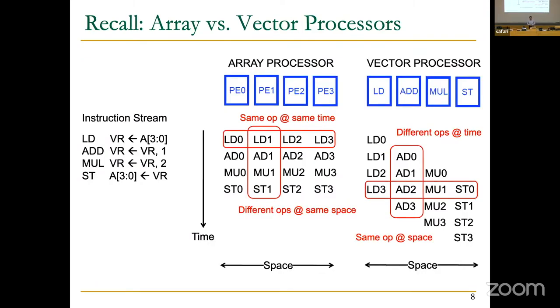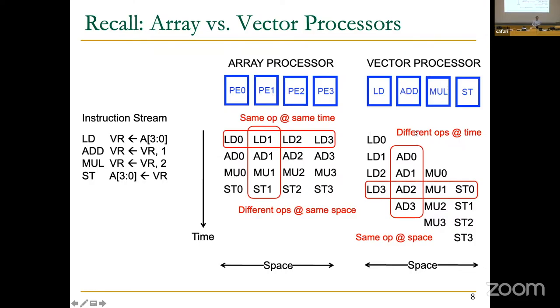And just to jog your memory, what's an array processor? What's a vector processor? Essentially, these both have multiple processing elements, and they can execute multiple instructions at a given time. Except an array processor has much more powerful processing elements where each processing element can do any operation. And this way, you can execute the same operation at the same time on all processing elements on different data elements, different data inputs. You can see that at a given time, all the processing elements are executing loads in the first cycle, adds in the next cycle, multiplies in the next cycle, and stores in the next cycle.